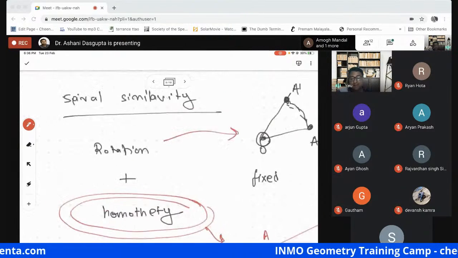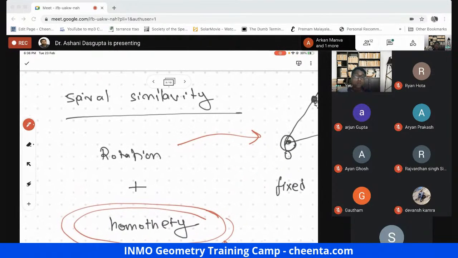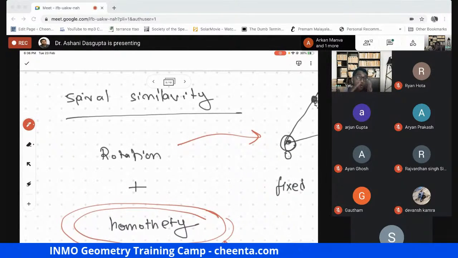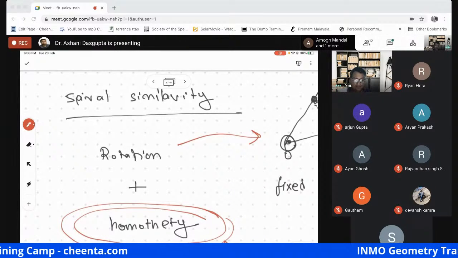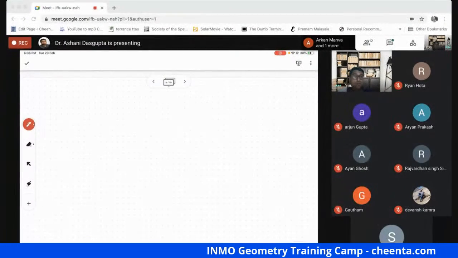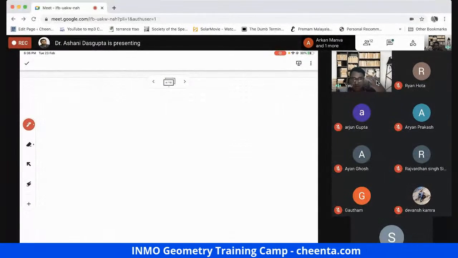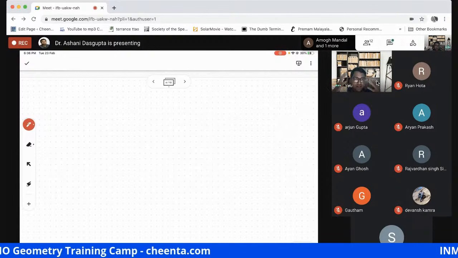What we are studying here, however, is known as spiral similarity, which involves both rotation and homothety, two things. So it's very important that you are able to imagine how you can think about it. It's very natural. It should come to your mind very naturally.